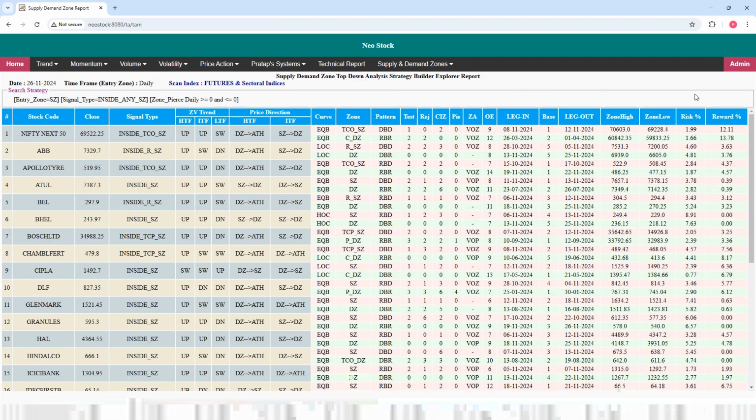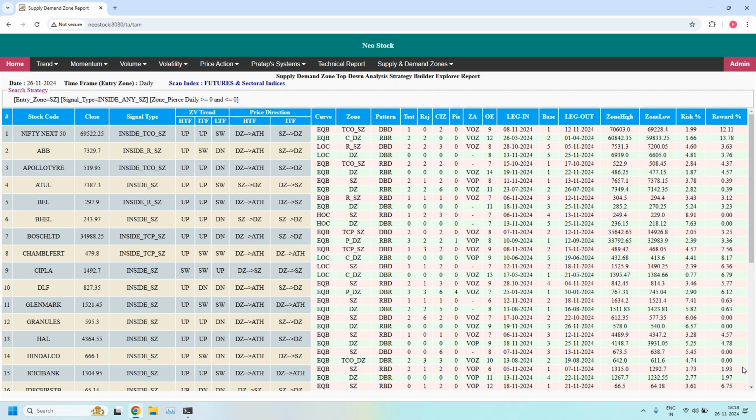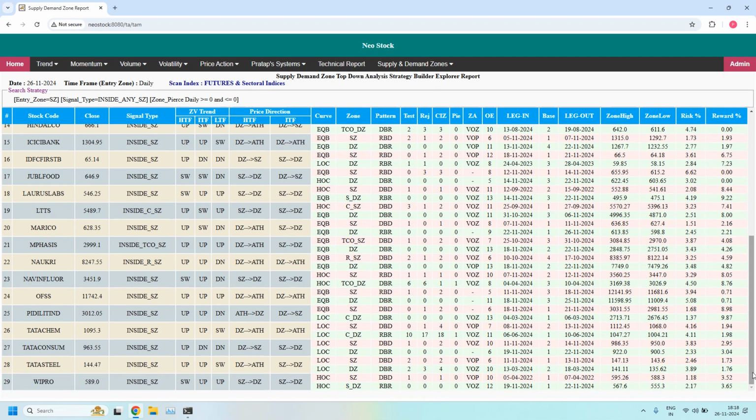Let's filter. We got a big list. These are the first 15 stocks. I am scrolling the list down. So total 29 stocks are filtered where price closed inside the daily supply zone.